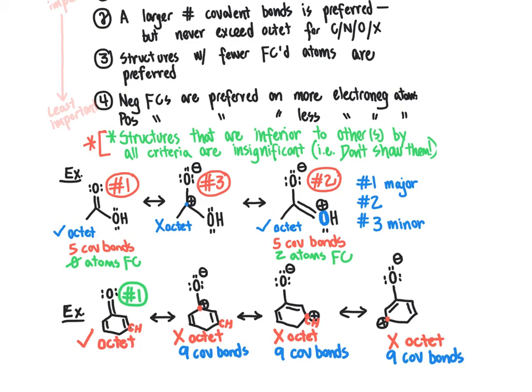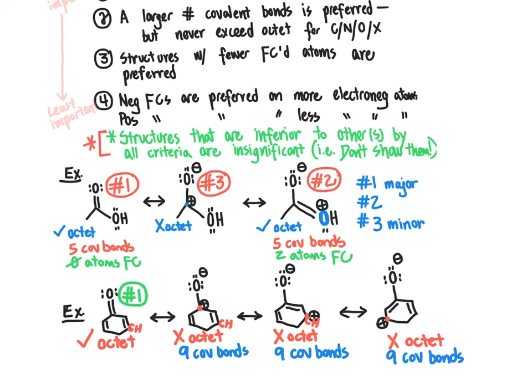So in criteria number 3, structures with fewer formal charged atoms are preferred. In each of these 3 cases, they all 3 have the same number of atoms that have formal charges. That is, they all have a negatively charged atom and a positively charged atom, so we can't tell them apart based on that. We come to criteria number 4.